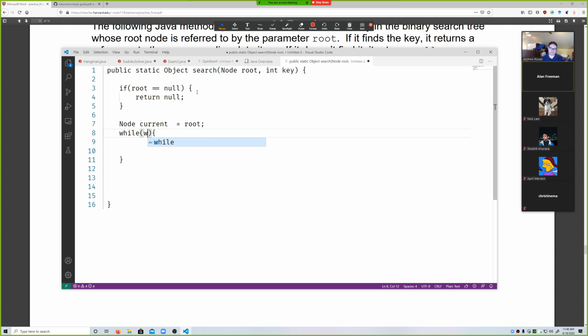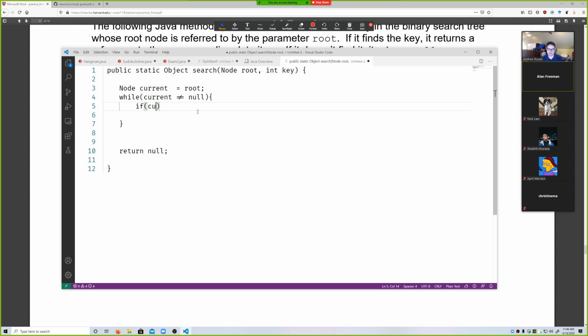While current is not equal to null, if current dot key equals key, if current dot key is equal to key, then return current dot data.